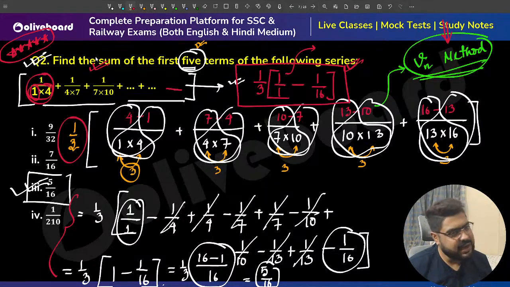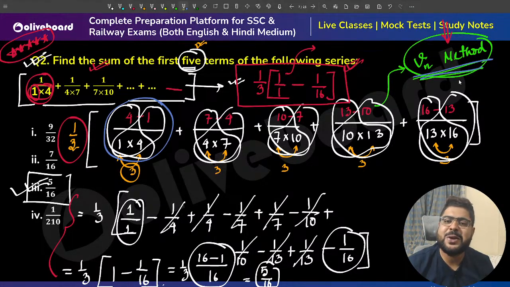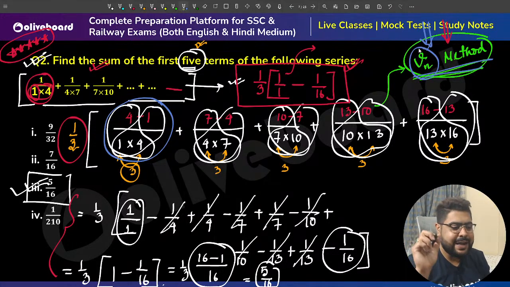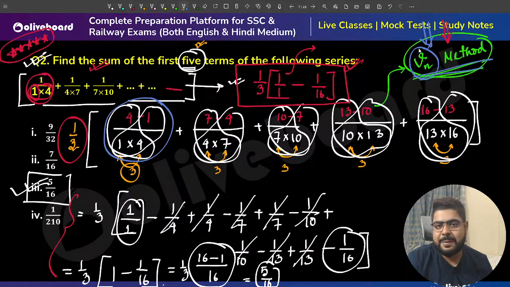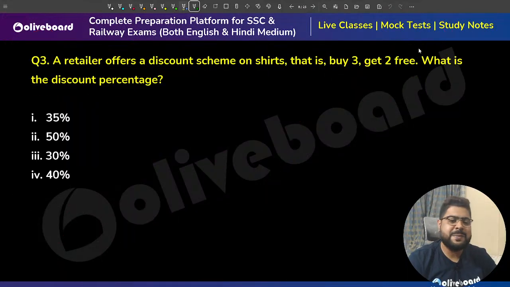Clear? Perfect. Please do follow that. This is actually called VN method. If you have prepared for JEE, you might have heard about this. In IIT books you will find this term VN.